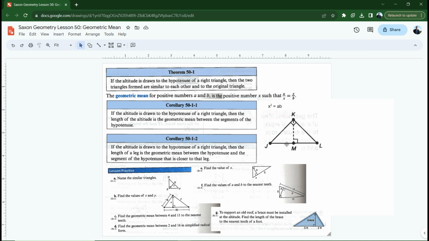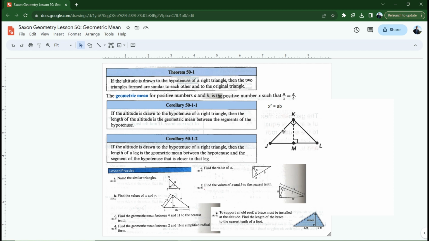The other corollary, this one's interesting too, and maybe even a little more complicated. If the altitude is drawn to the hypotenuse of a right triangle, then the length of a leg, I could choose this leg or this leg. It doesn't matter which leg I choose because we're going to deal with parts of the triangle corresponding to the leg I choose. So the length of a leg is the geometric mean.